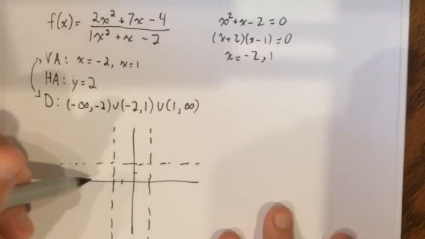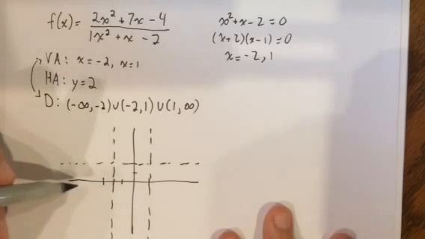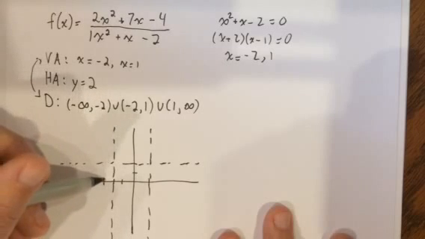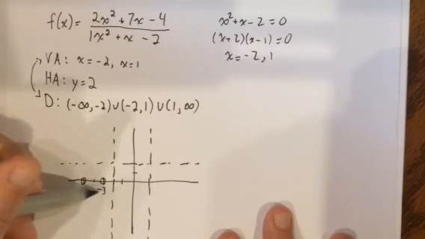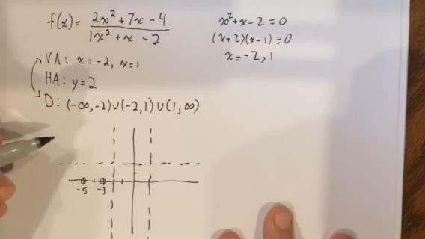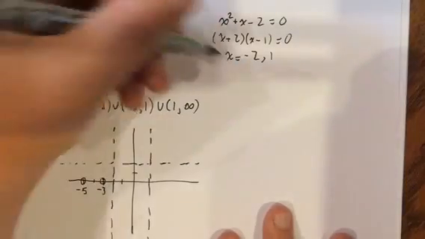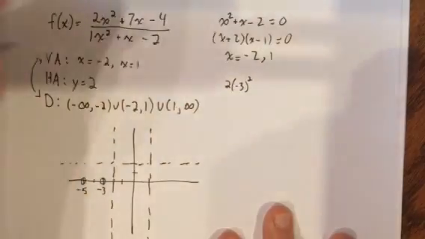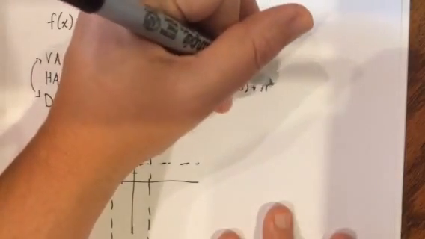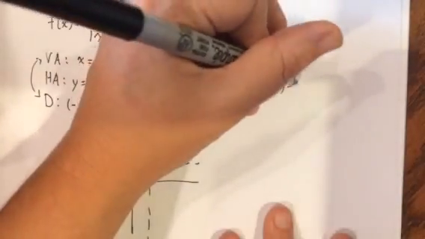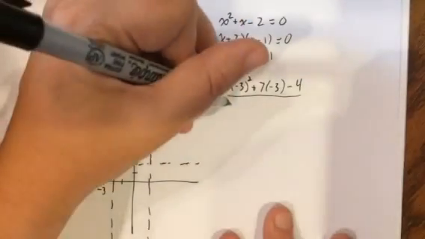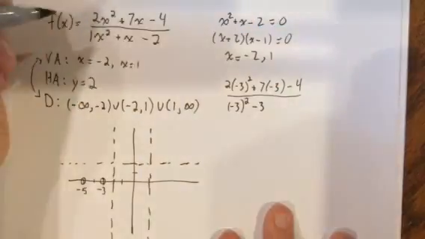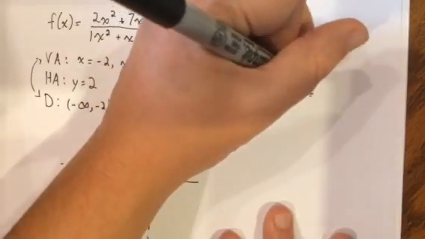So I'm going to pick things less than negative 2, so like negative 3. And let's do negative 5 just so I can get an idea. So negative 3 and negative 5. I'm going to plot them. Okay, 2 times negative 3 squared plus 7 times negative 3 minus 4, all over negative 3 squared minus 3 minus 2.